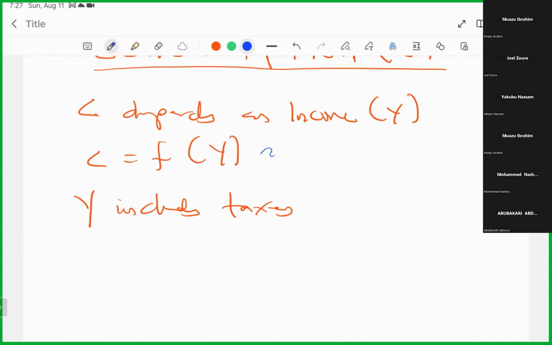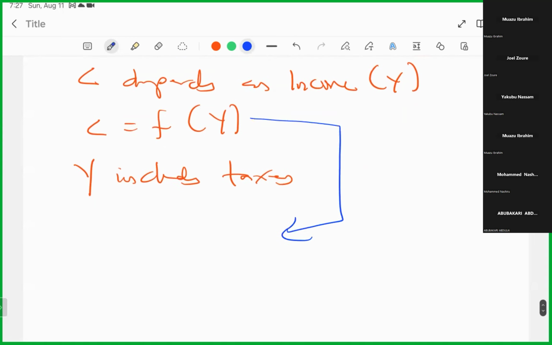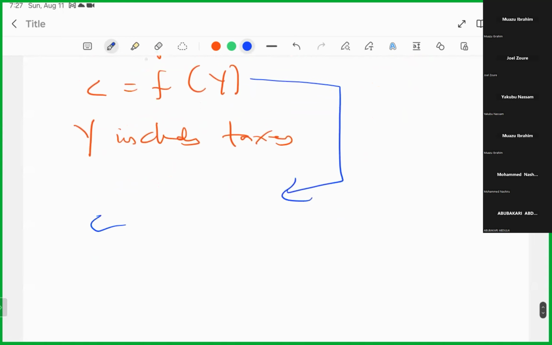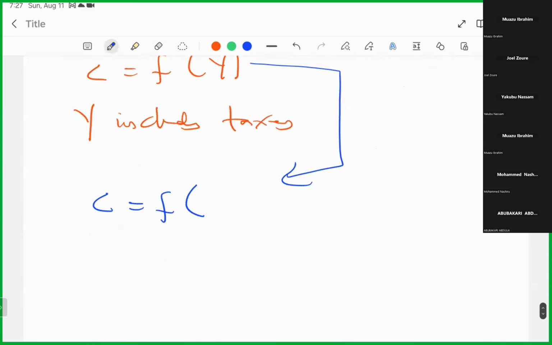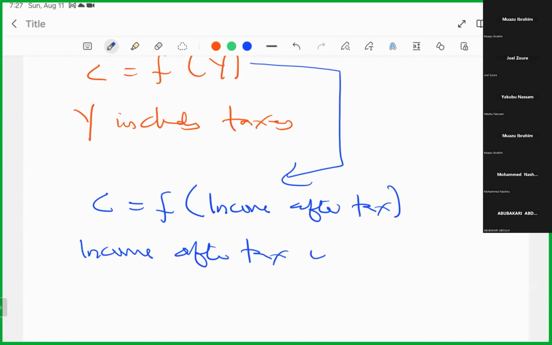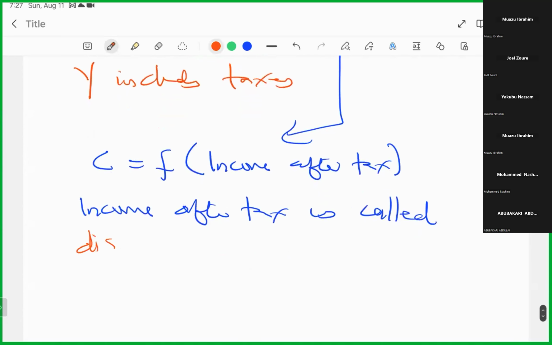So we can recalibrate this consumption function to be C equal to a function of income after tax. The income after tax is called disposable income.